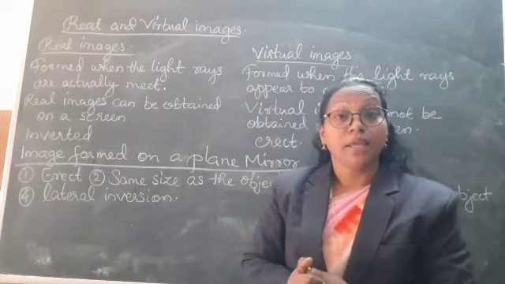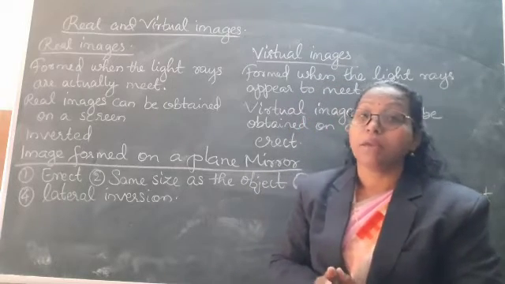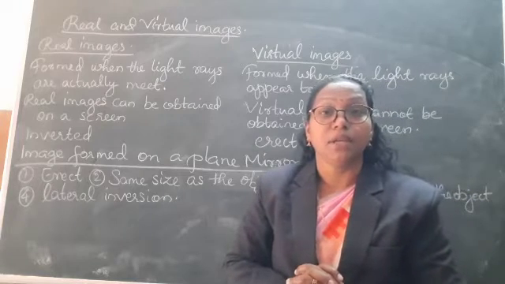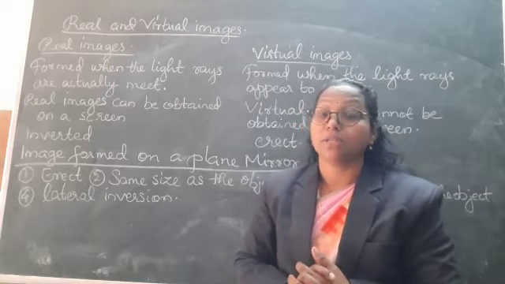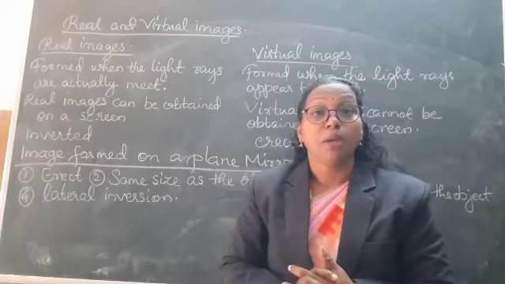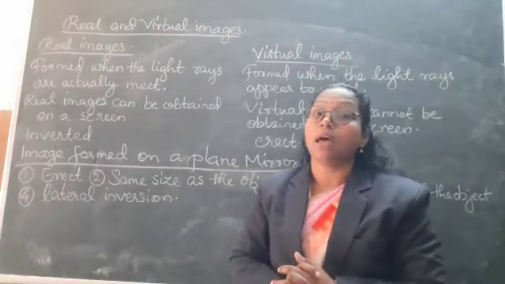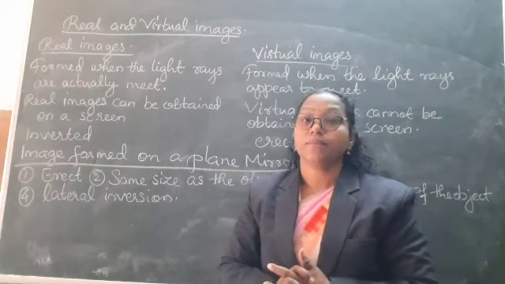Now children, the real images are formed when the light rays actually meet. When the light rays actually meet at a point, then the real images are formed. A pinhole camera and different types of cameras and projectors make real images.